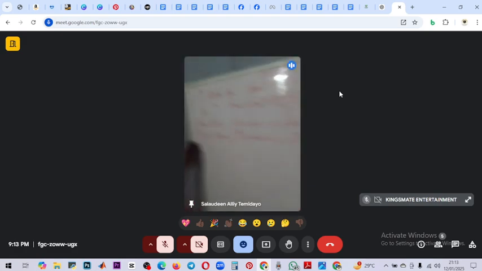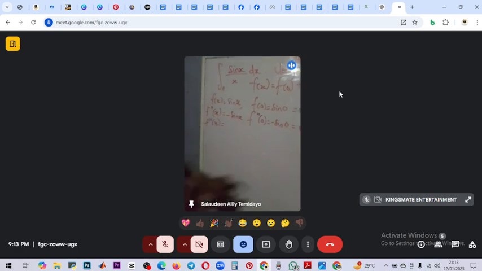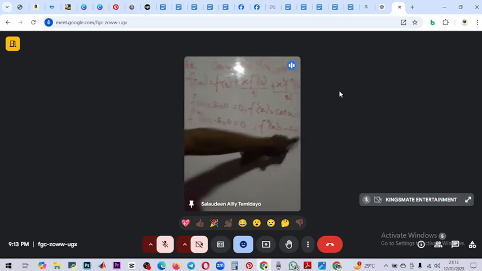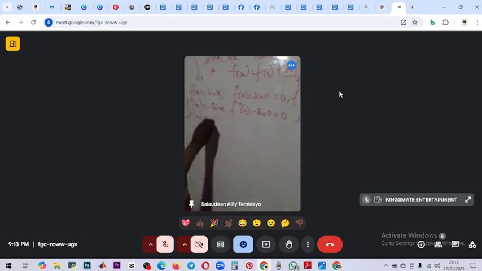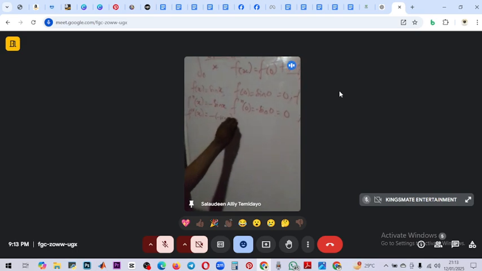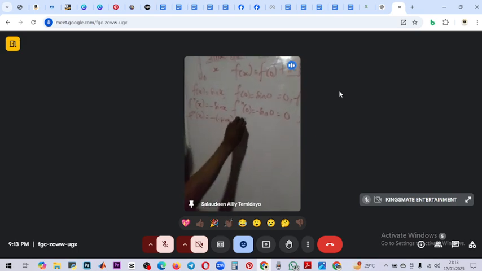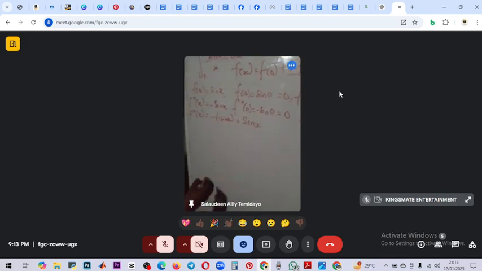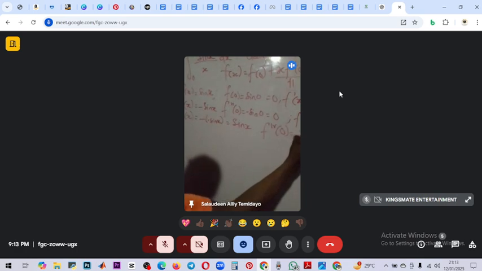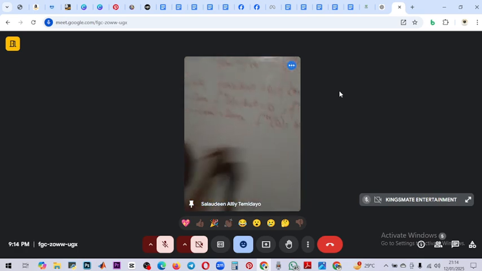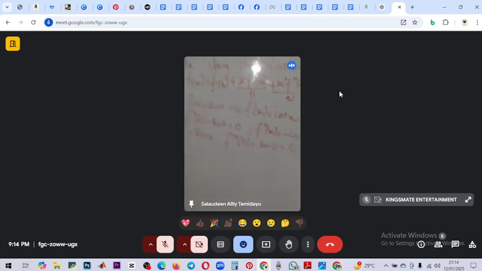Then we have f fourth prime of x, which is going to be the derivative of minus cosine x, and that is minus, derivative of cosine x is what? Minus sine x. So we are having minus times minus, that is plus sine x. Therefore, the fourth derivative of 0 is going to be sine 0, which is equal to 0.